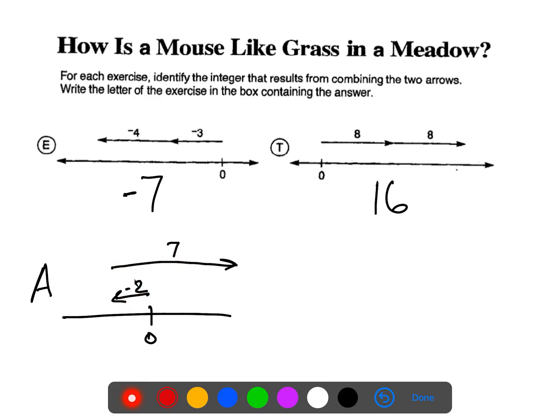And really, this portion cancels out. So we cancel out this portion, which means we take away two of the positives. And what we're left with is our sum. And that's +5. 5 would be our answer.